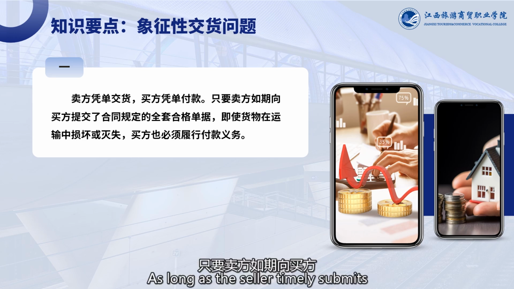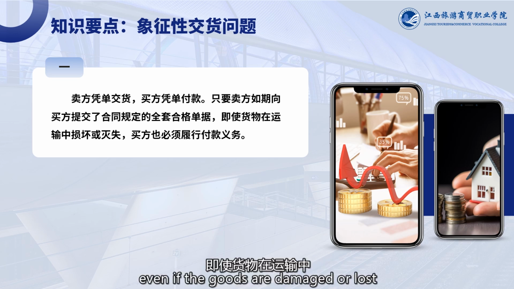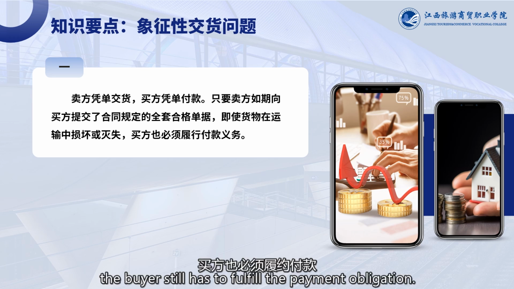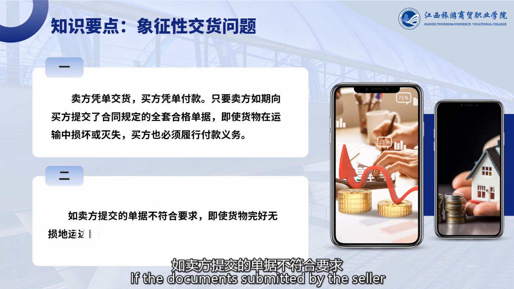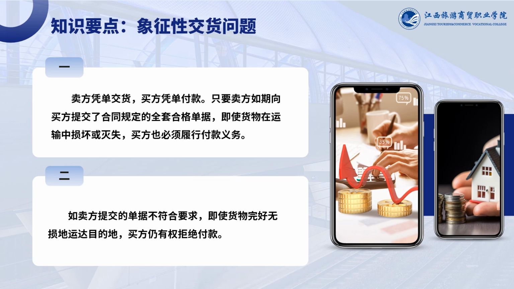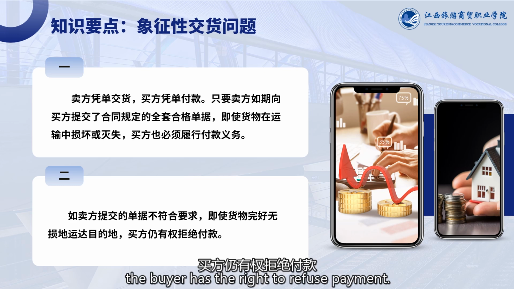As long as the seller timely submits the complete and qualified set of documents as stipulated in the contract, even if the goods are damaged or lost during transportation, the buyer still has to fulfill the payment obligation. If the documents submitted by the seller do not meet the requirements, even if the goods arrive at destination intact, the buyer has the right to refuse payment.